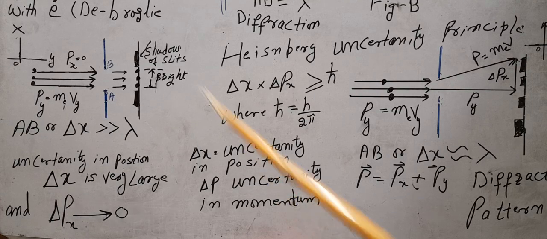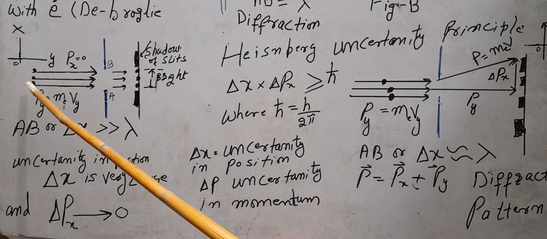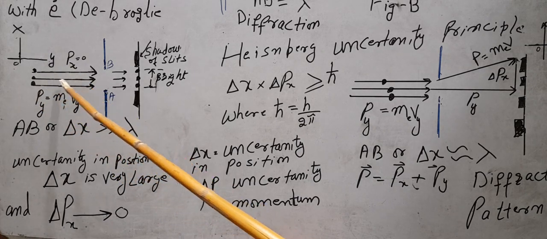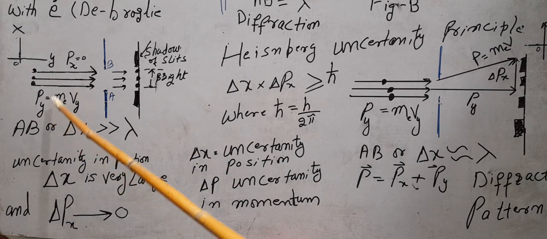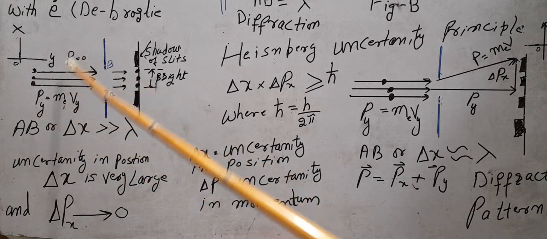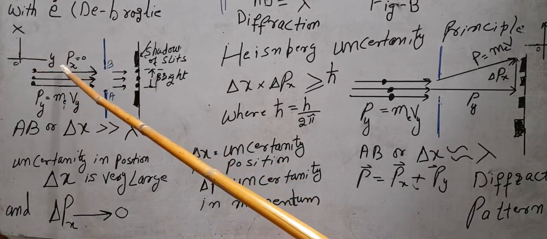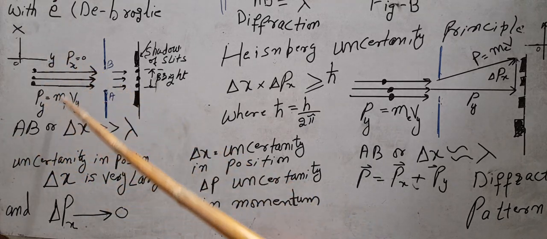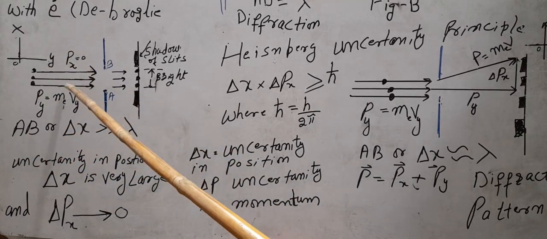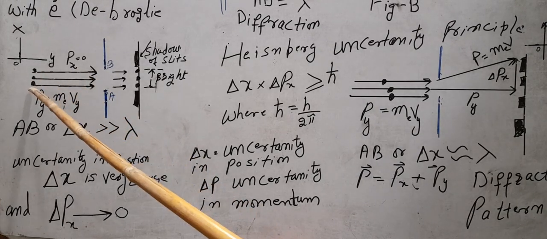Again, in this case, we consider a beam of electrons coming along the y-axis. Therefore, the momentum is Py, but its component along the x-axis is 0. As we have already considered, the de Broglie wave is associated with the fast moving electrons.